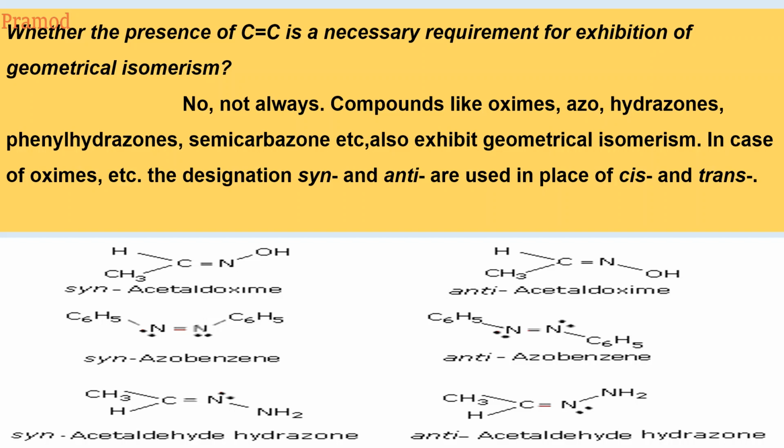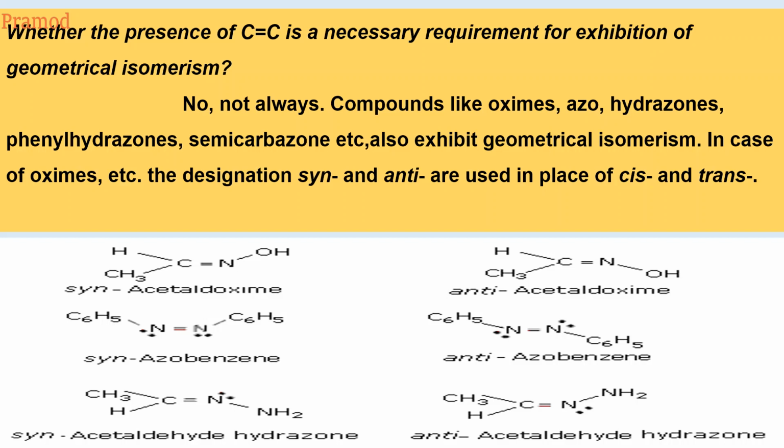Now if the H and OH are on the opposite sides of the carbon-nitrogen double bond, listen properly, then it is said to be anti-configuration. So this is syn and anti configuration, which is other than cis and trans, but it is also a type of geometric isomerism.